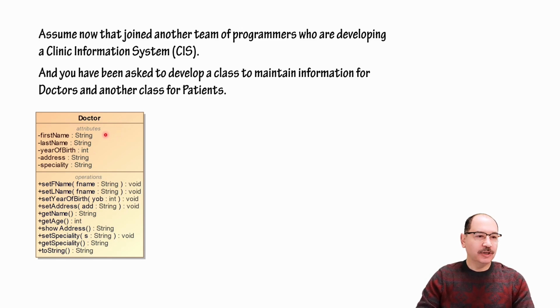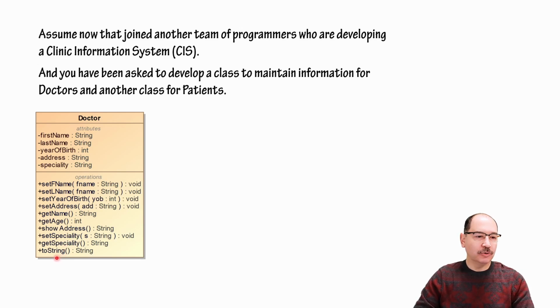So you defined here again first name, last name, year of birth, address, and you added the specialty for the doctor. In addition, you defined a set of setters and getters to set the name and the address, and get the name and the age, and also to set the specialty and get the specialty of the doctor.